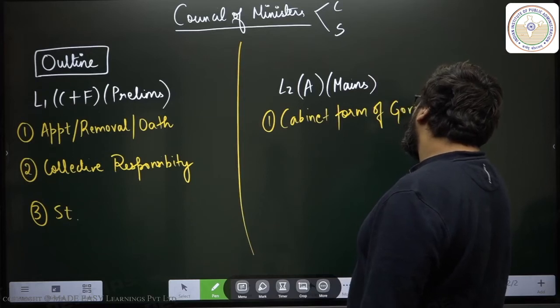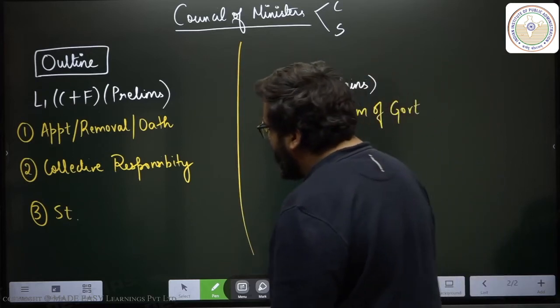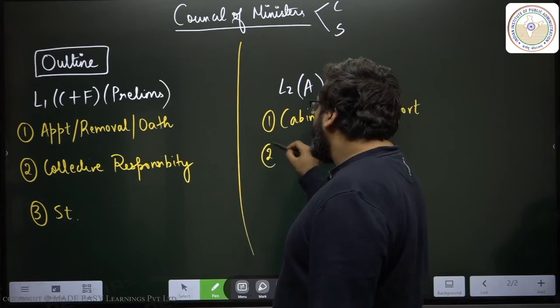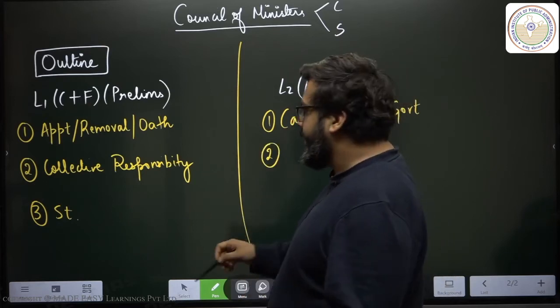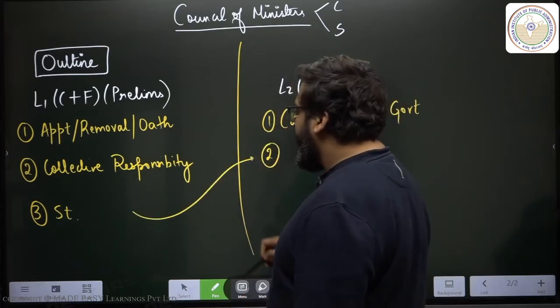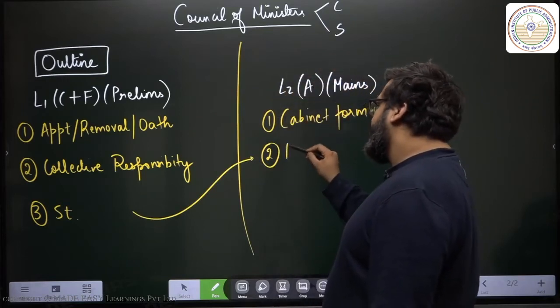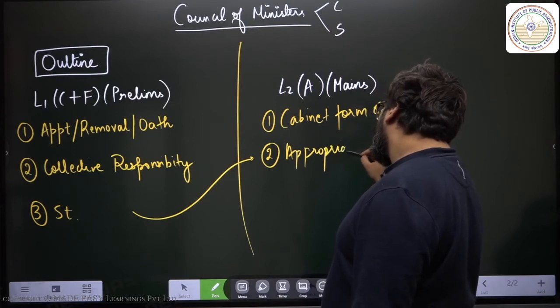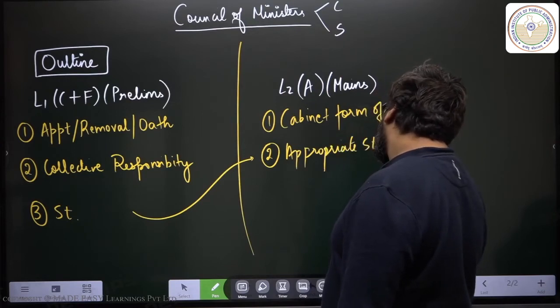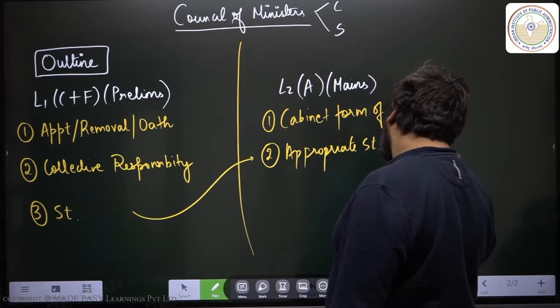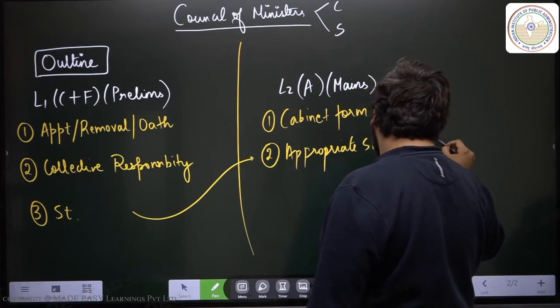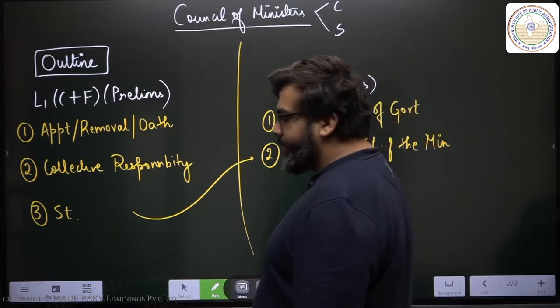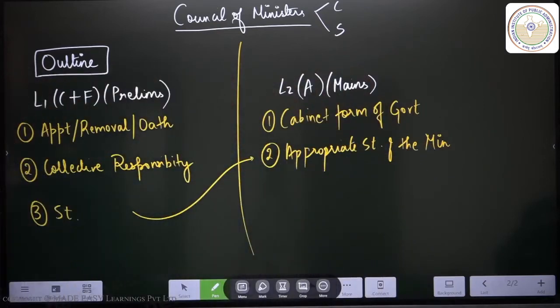And two, an application here: what is the right strength, the appropriate strength of the number of ministers. Okay, the appropriate strength of the number of ministers.